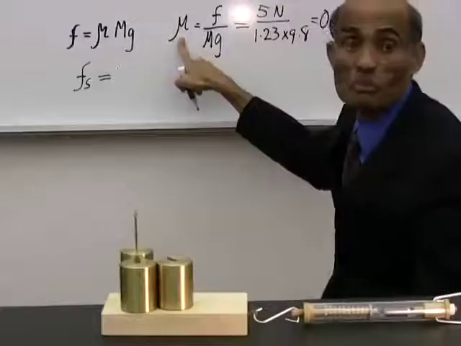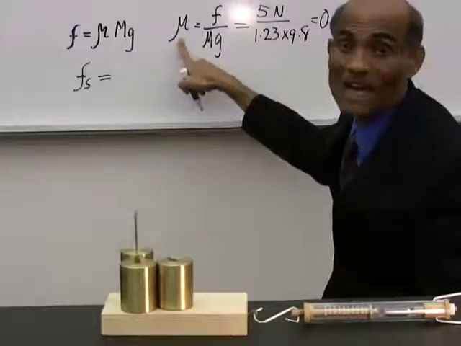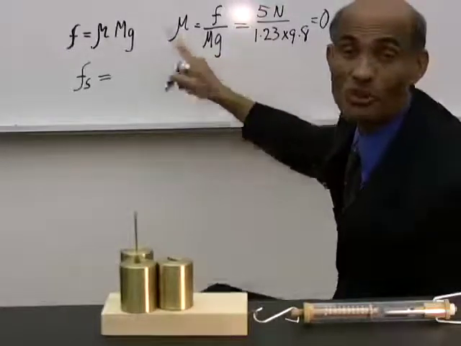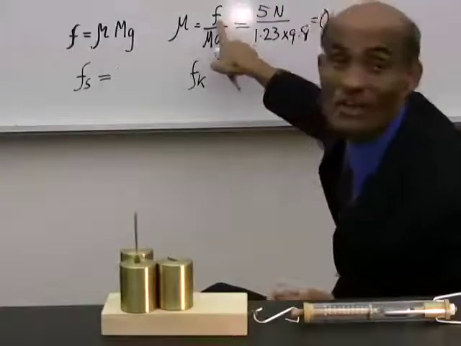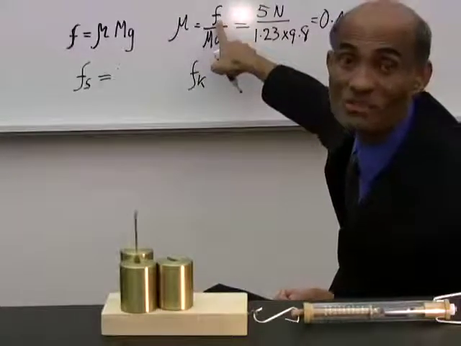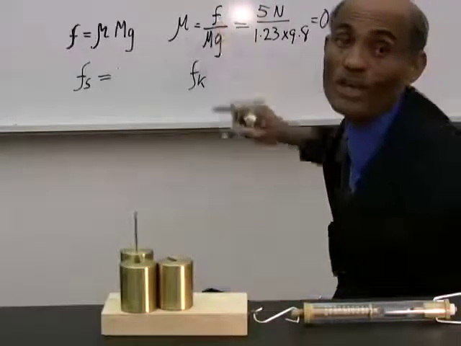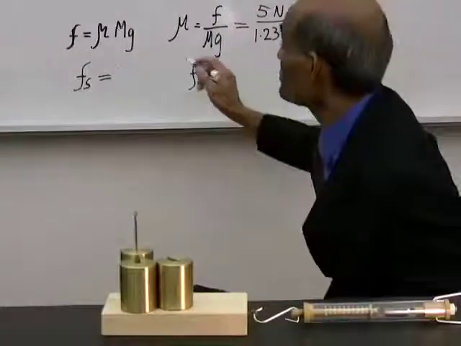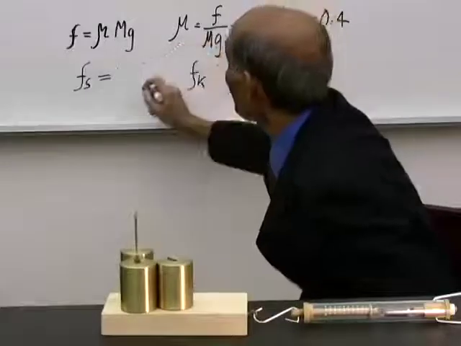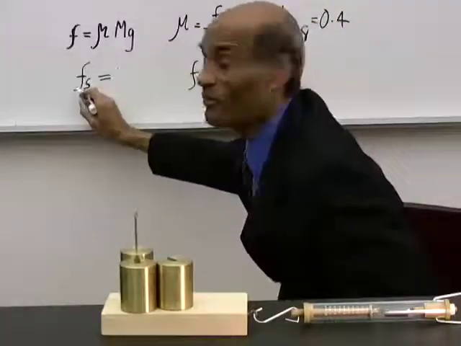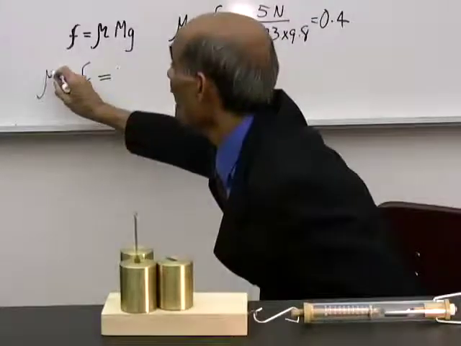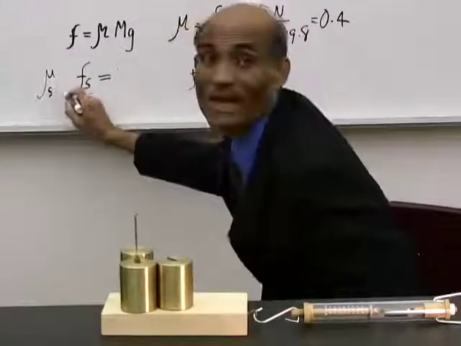that means this mu has different values for static and kinetic, depending on whether you use the static frictional force or kinetic frictional force. So I can say mu equal to, if I use Fs, I'm going to call that mu s.